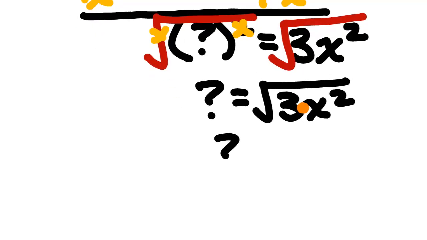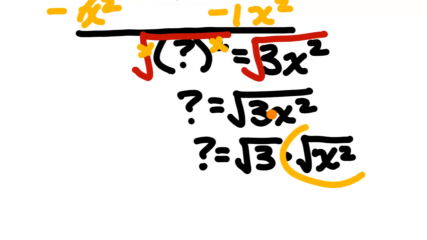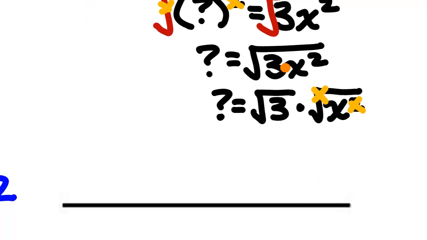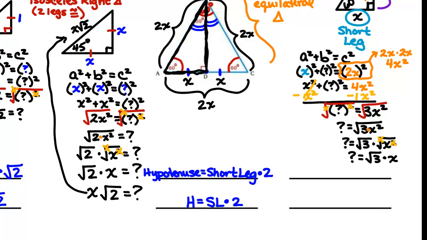Since they're being multiplied, I can give them each their own radical. So I would have square root of 3 times the square root of x squared. And then Jackson, I think you already answered this one. What happens right here? They cancel out. The squared and the square root cancel. And so I have question mark is equal to the square root of 3 times x.